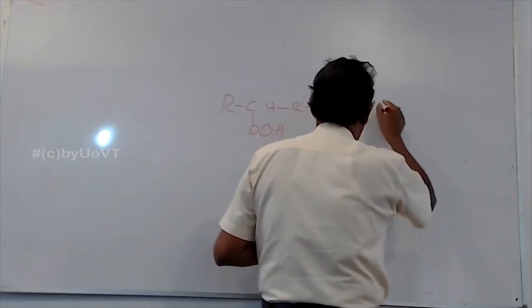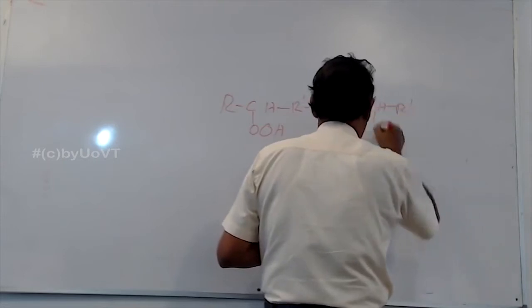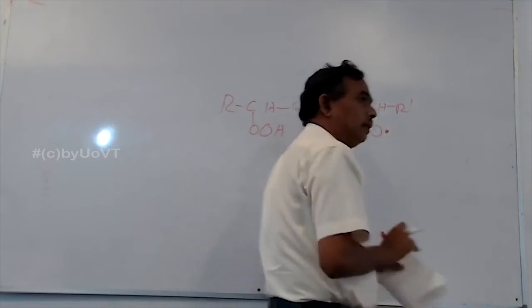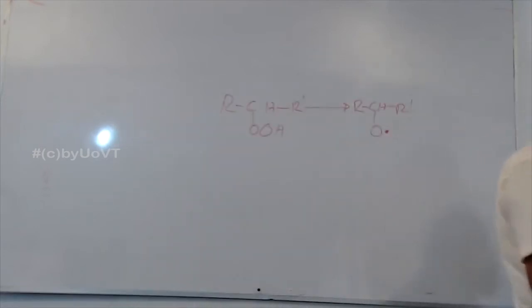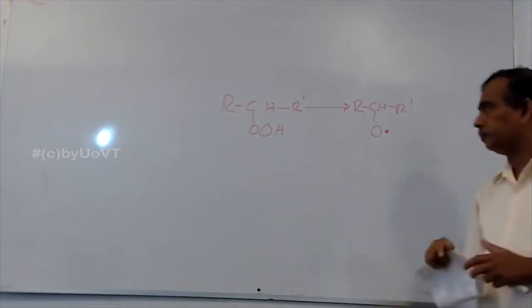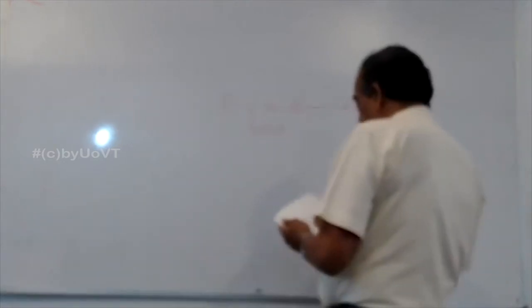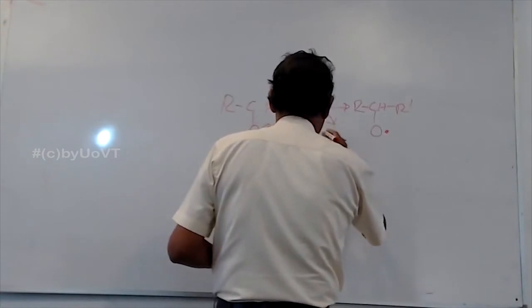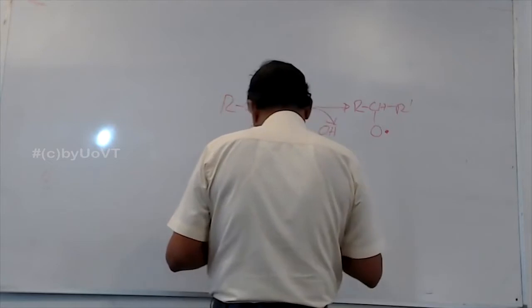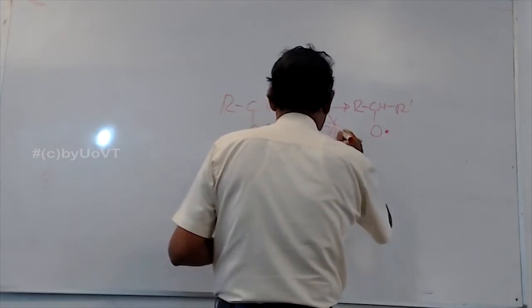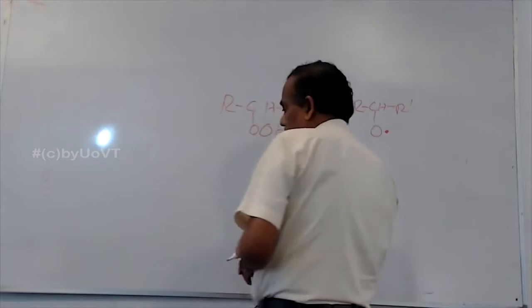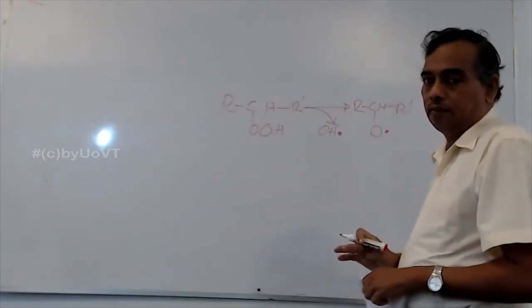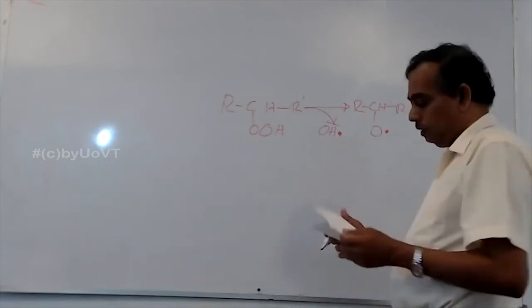R CHR dash, or the peroxide can convert into this kind of variant initially. Then, if you really need to form this one, you have to remove hydroxyl as a radical from this compound, therefore the product can be this.